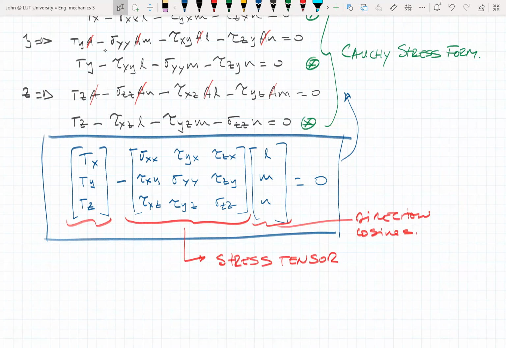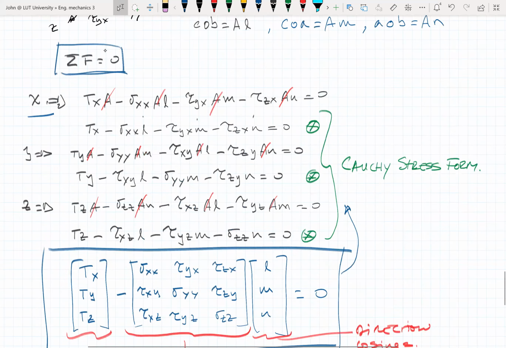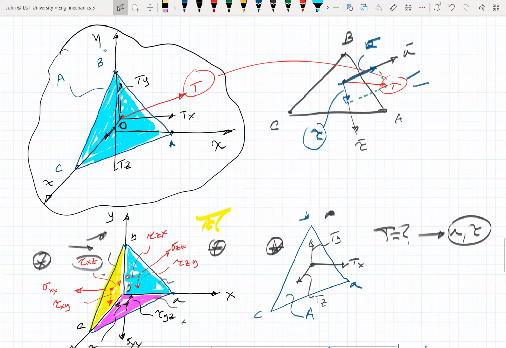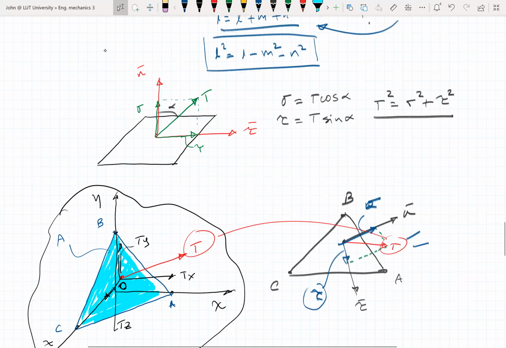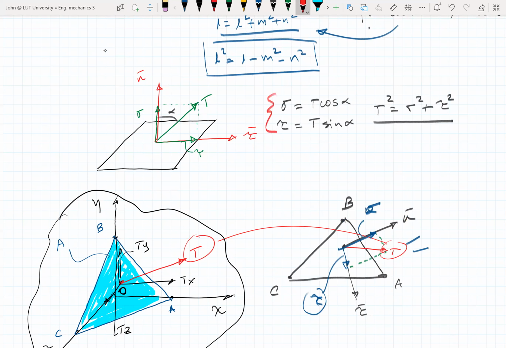Okay, but we haven't answered what's the value of the vector. What's the value of the stress in the normal direction to the inclined plane and in the tangential direction of the inclined plane.